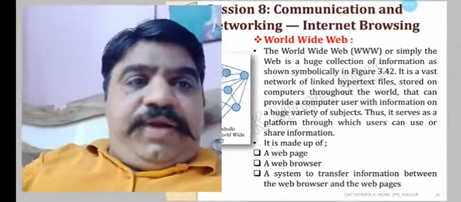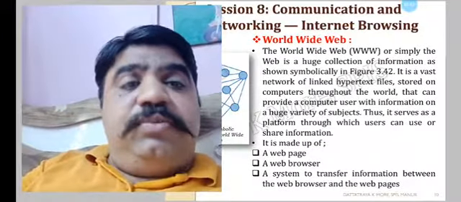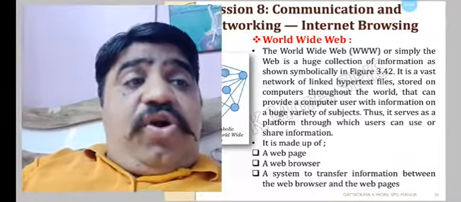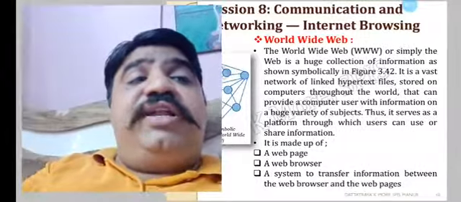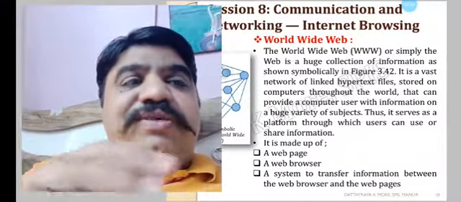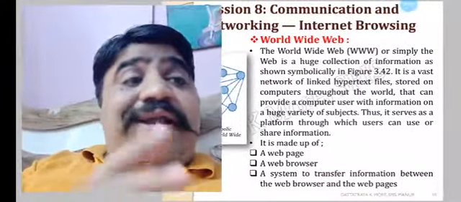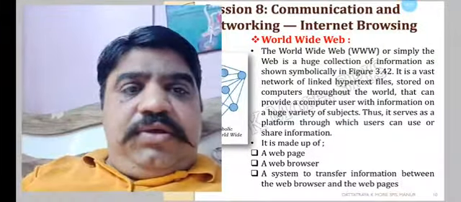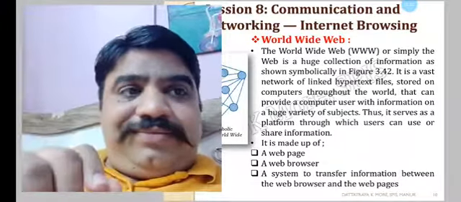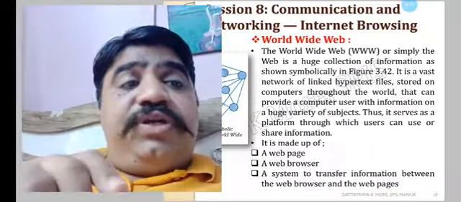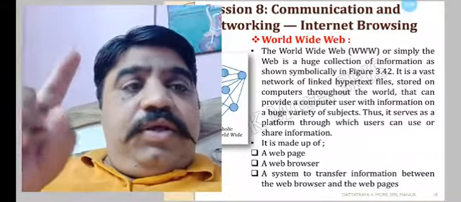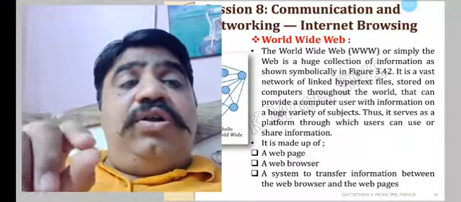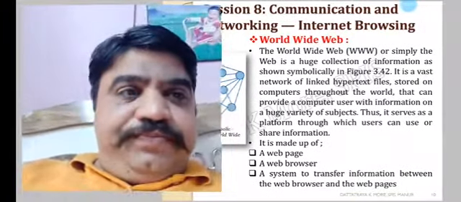World Wide Web. Now this is a very important term in the internet. The World Wide Web, or simply the web, is a huge collection of information shown symbolically in the figure. It is a vast network of linked hypertext files, files which are linked with each other and stored on computers throughout the world, that can provide a computer user with information on a huge variety of subjects.